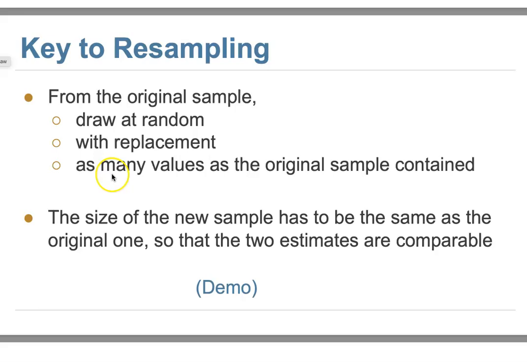The size of the resample has to be the same as the original one. That's why all our estimates can be comparable, and that's how we can draw our empirical distribution.